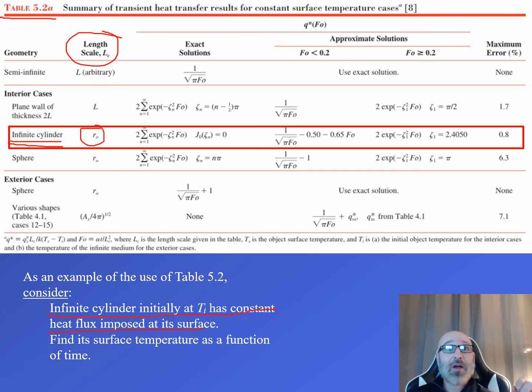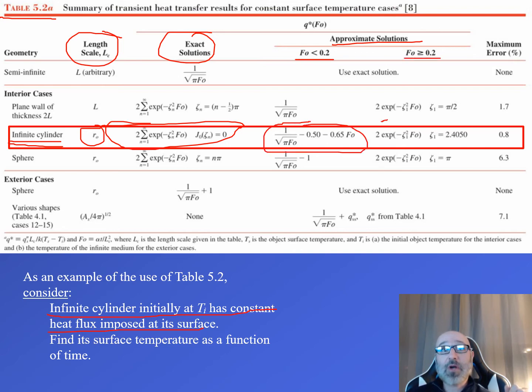And our exact solution is now given by this expression shown here. But we also have approximate solutions. We have an approximate solution where our Fourier number is less than 0.2, which is given by this result here, and an approximate solution where our Fourier number is greater than or equal to 0.2. And we can find its surface temperature now as a function of time.